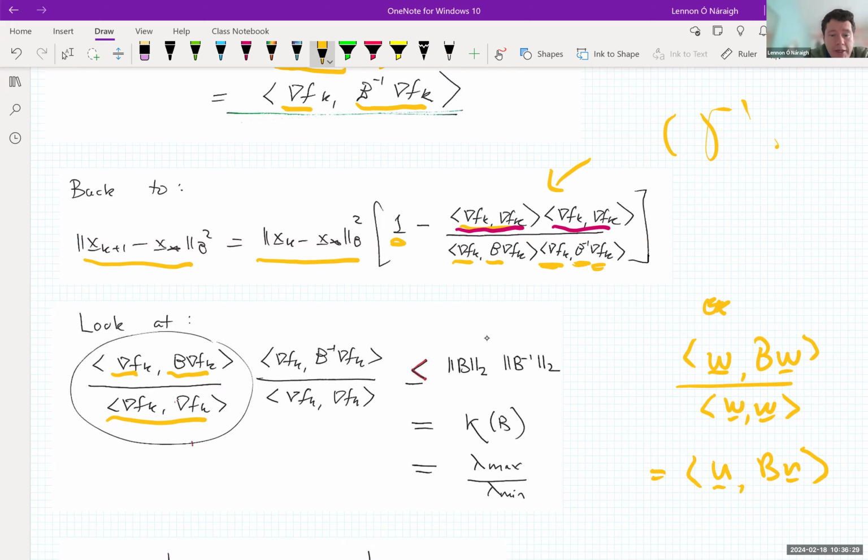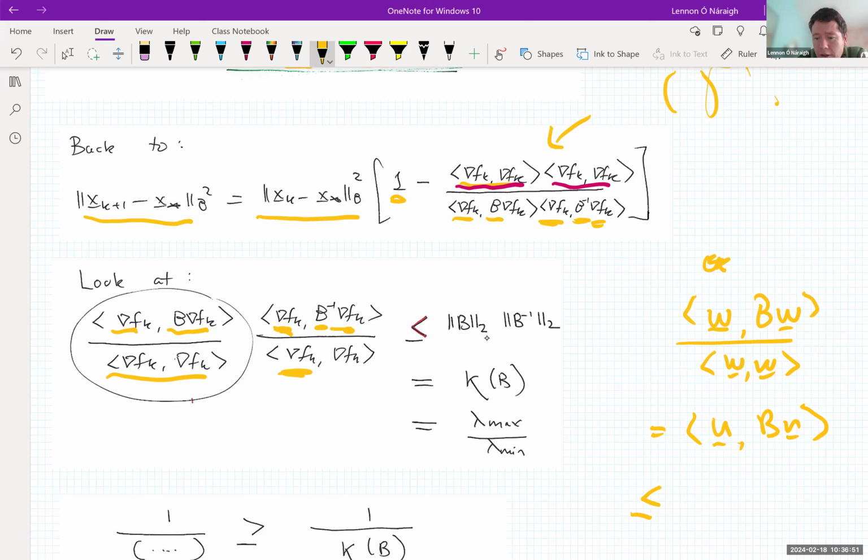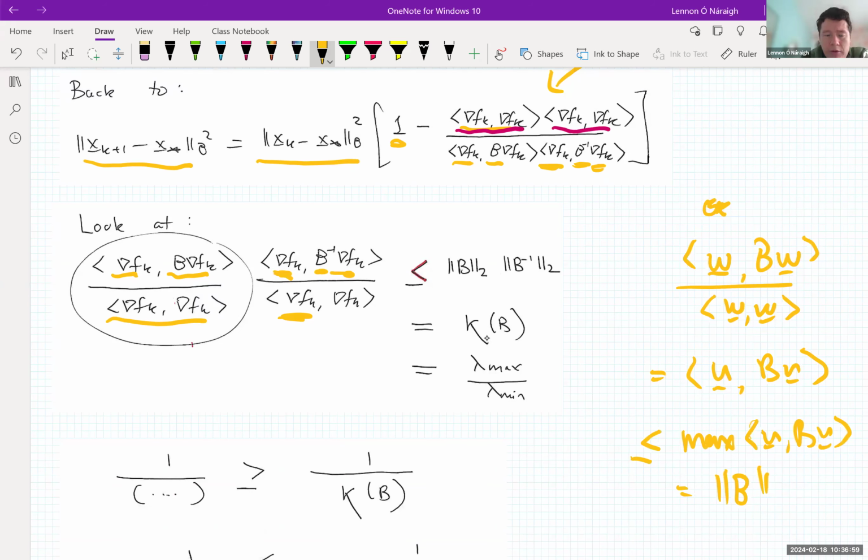And I do the same game for b to the minus 1. So I'm looking at the scalar product of some vector grad f with b to the minus 1 grad f, normalized with the scalar product of grad f with itself. And this would be less than or equal to the max over all unit vectors, which is precisely the matrix norm.